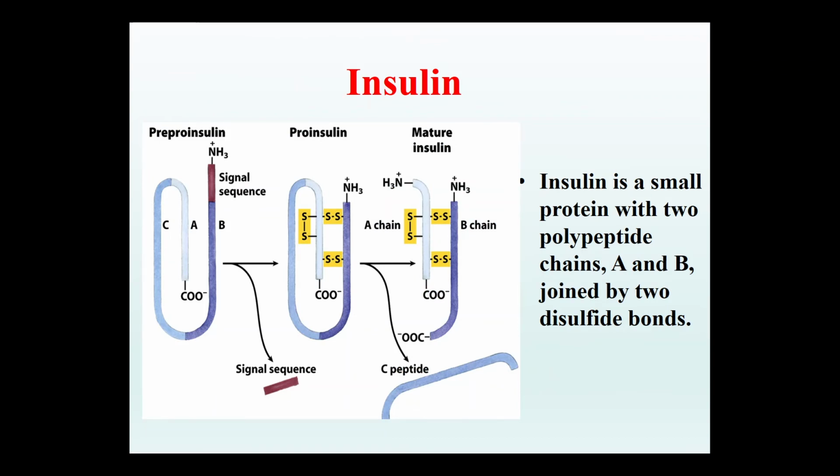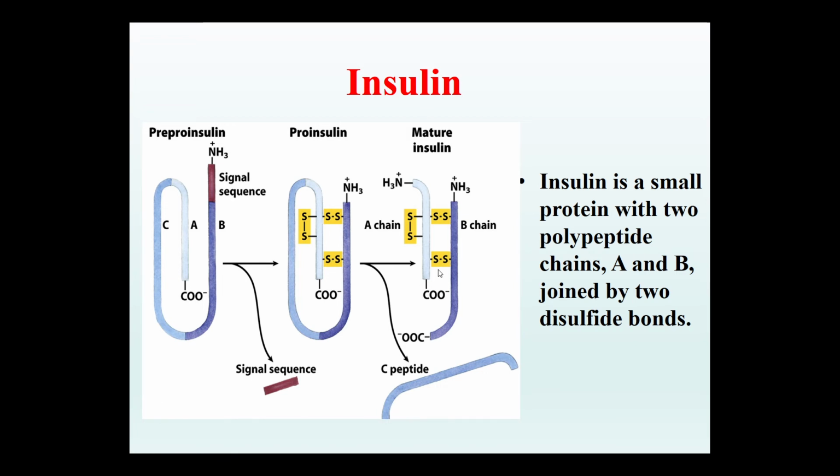Insulin. Insulin is a small protein. Active insulin has two polypeptide chains: the A chain, which consists of 21 amino acids, and the B chain, which consists of 30 amino acids. Both chains are joined by two disulfide bonds.